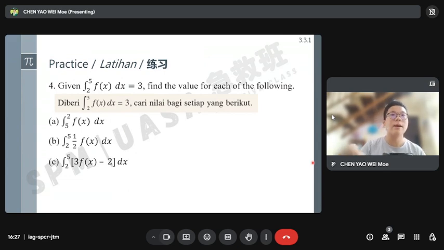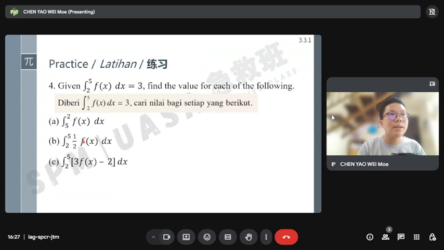For the first, originally it is 5 to 2, but this one is 2 to 5, right? I will negate it, so it becomes negative: the integral from 5 to 2 of f(x) dx equals negative the integral from 2 to 5 of f(x) dx, and the answer is negative 3.